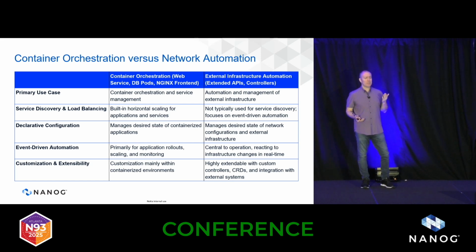Then if we want to see what the differences are between using Kubernetes as a container orchestration solution or using Kubernetes as a network automation approach, well, the primary use case, if you are working with container orchestration, is that you're probably going to be leading with applications like Nginx, web servers, and databases.